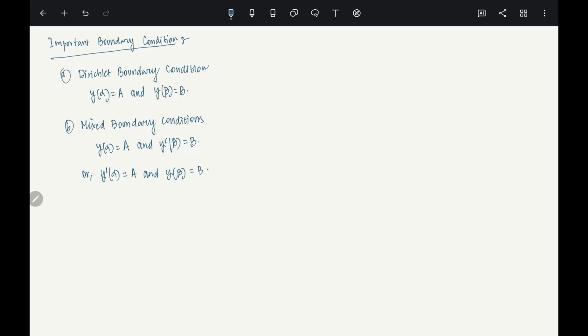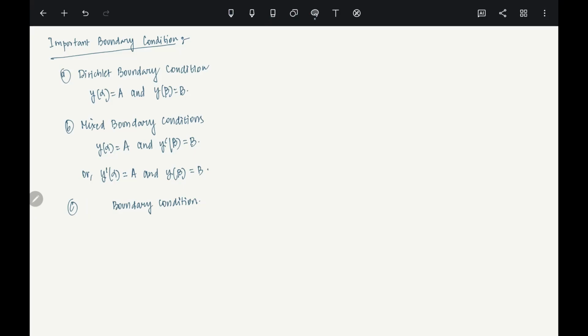And there is another one, which is called C. For now we'll just call it a Robin boundary condition. Maybe it is better to write it as separated boundary condition.